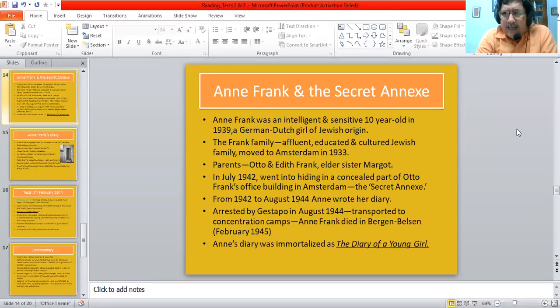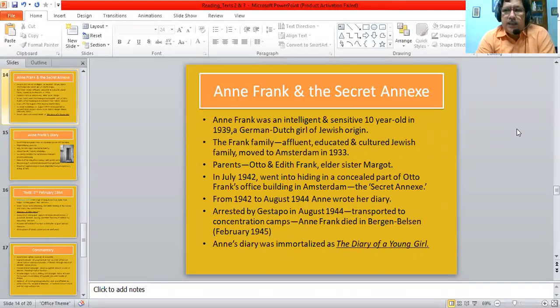It was cleverly concealed behind a bookcase. There was a small entrance behind there and a very small living quarters. So the entire family went into hiding in this space, which was called the Secret Annex. From 1942 to August 1944, Anne wrote her diary.